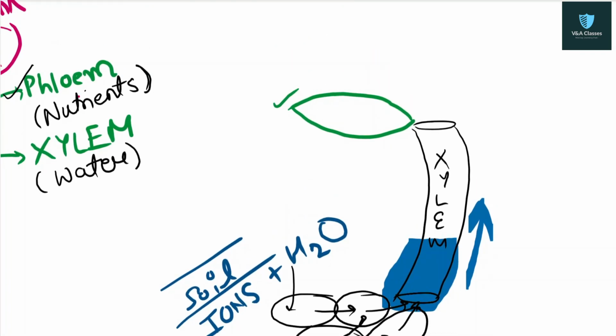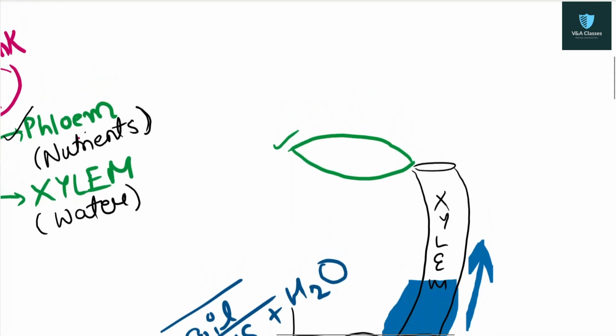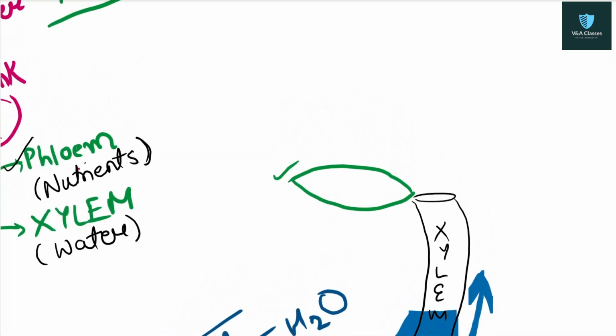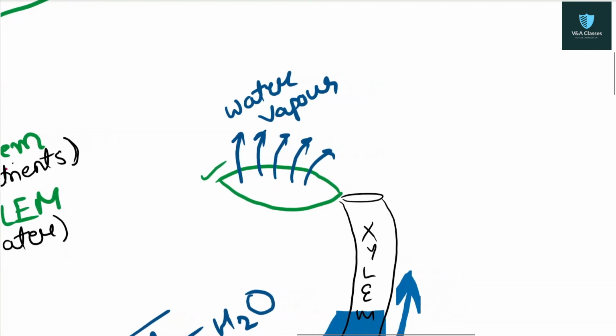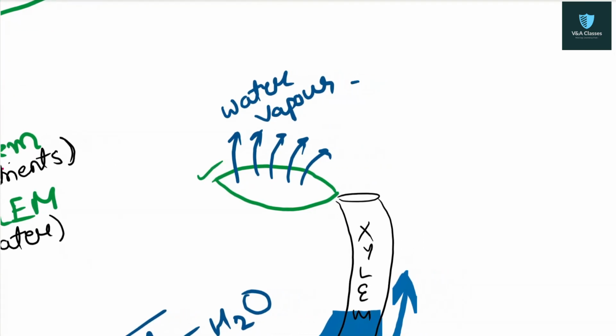For that, we'll have to recall what we just studied in stomata. Okay, we studied that stomata also help in removal of water vapor. So continuously from the surface of the leaf, water vapor is removed. Okay, this process by which the plant removes the water vapor is called transpiration.